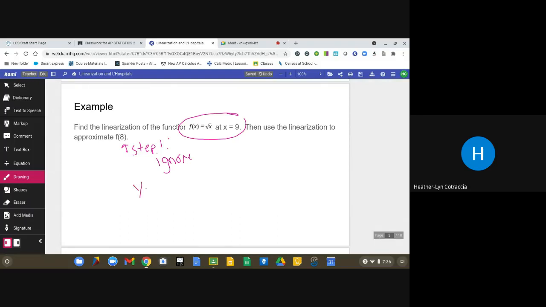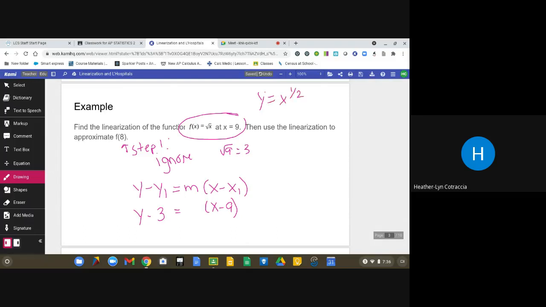So I'm going to start with my y - y1 = m times x minus x1. Now I'm at x = 9. Okay, now I do need to know my slope and I need to know my y value. So y is super easy because if you just plug that in, the square root of 9 is equal to 3. So I have y minus 3 equals. Now to find my slope, slope means derivative. So I'm going to do a little scratch work up here. So y equals x to the 1/2 power.